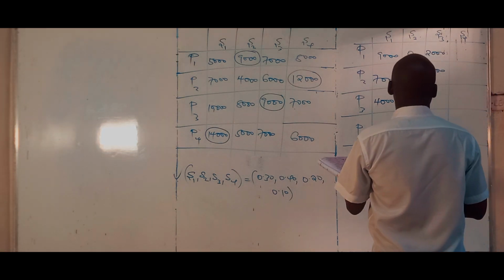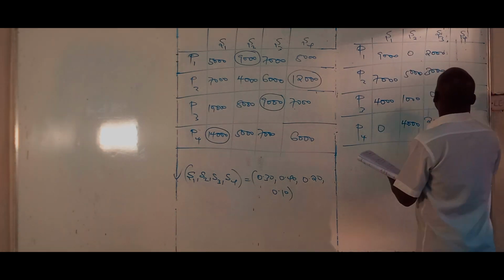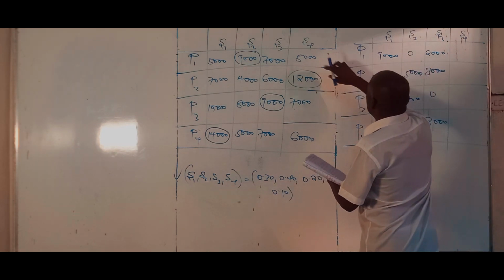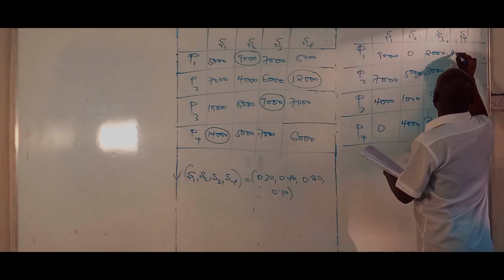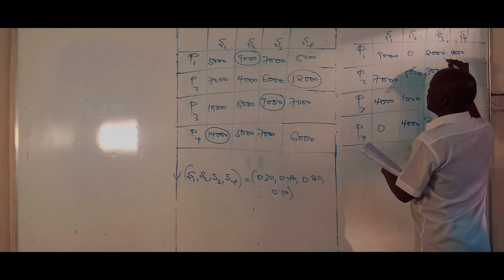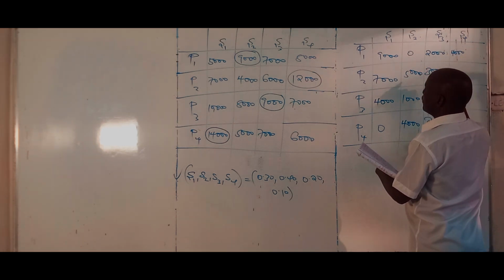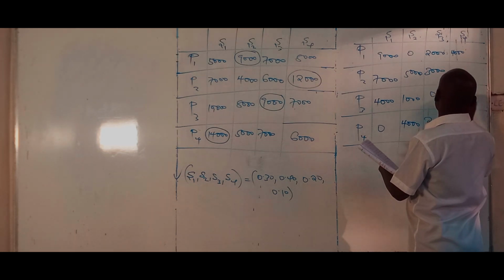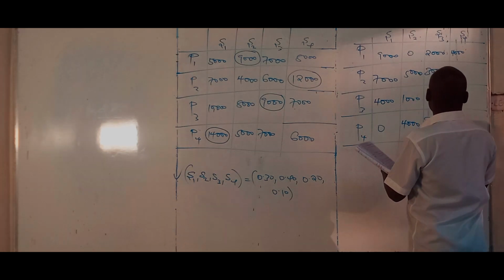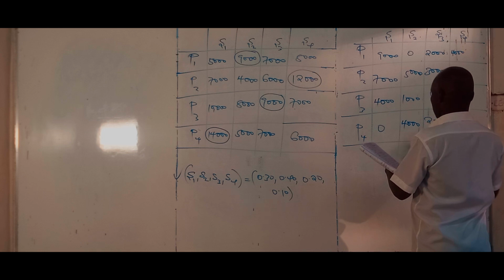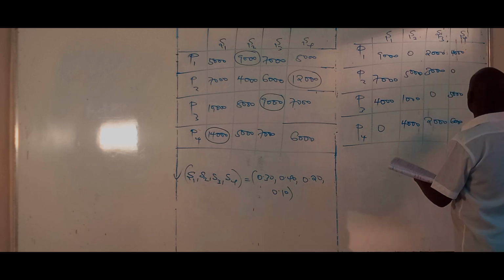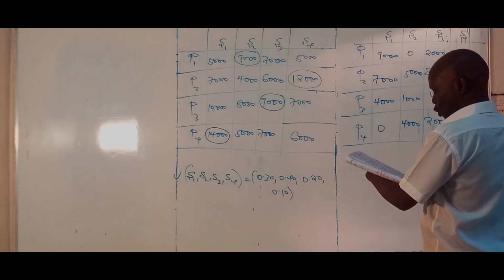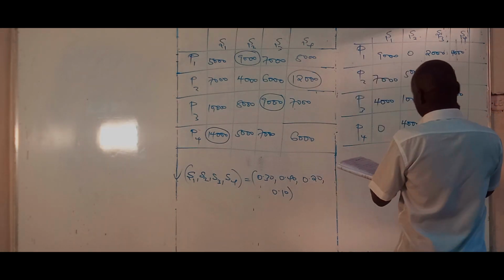And then S4 will be everything from 12,000. So the first one is 4,000, the second one is 0, the third one is 5,000, and the fourth one is 6,000. That is S4.